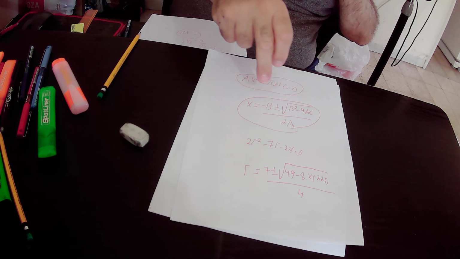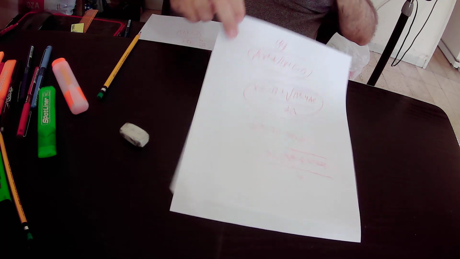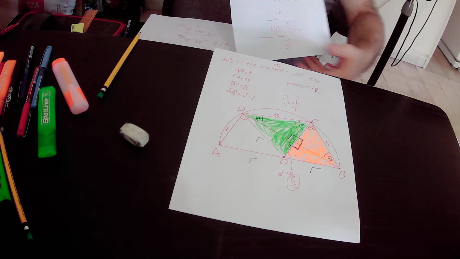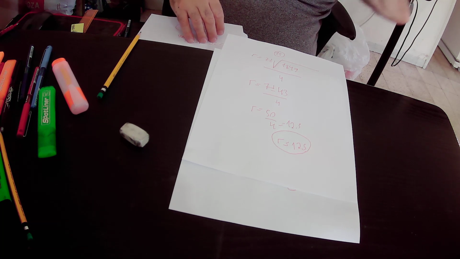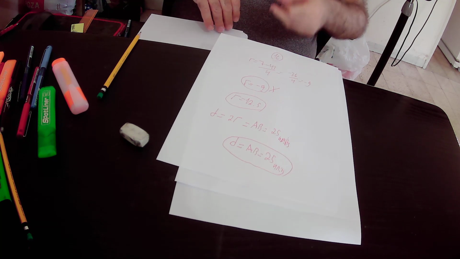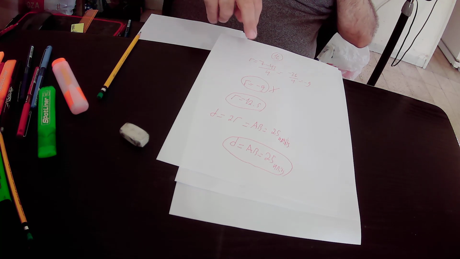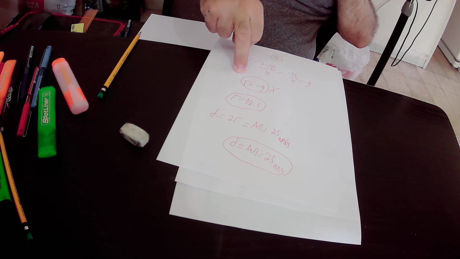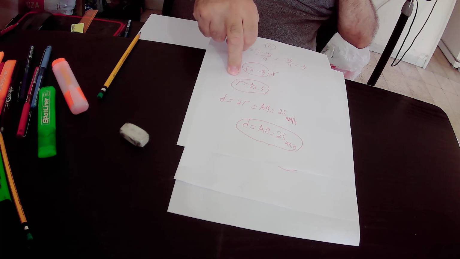So we put the data into this formula, and we found that the radius of the semicircle equals 12.5 units. We also have a second solution, that the radius equals minus 9 units, but it is impossible because the radius must be a positive number. Therefore, this possibility is cancelled, and we are left only with the radius of the semicircle equal to 12.5 units.